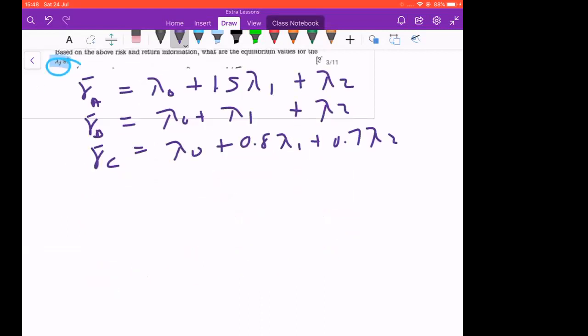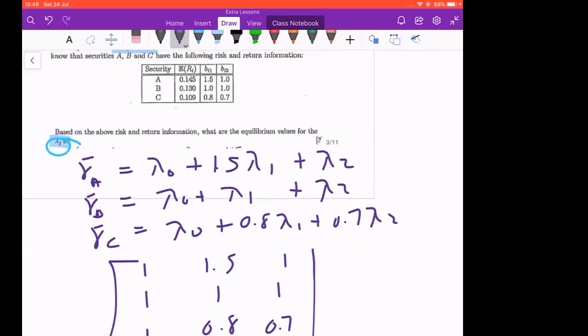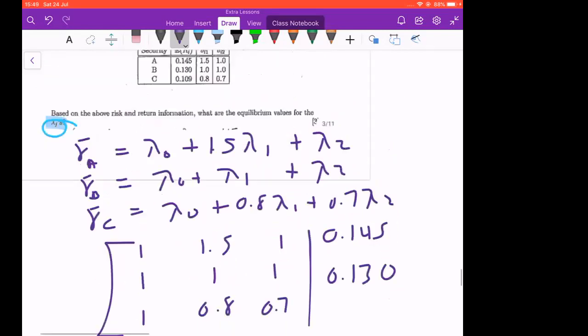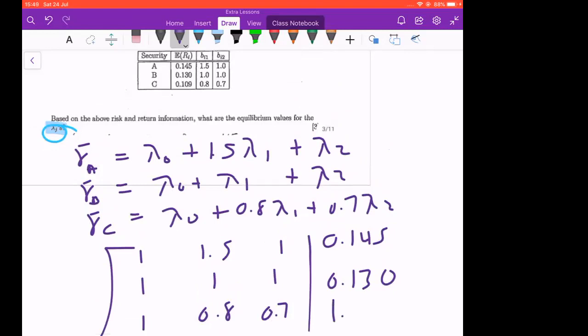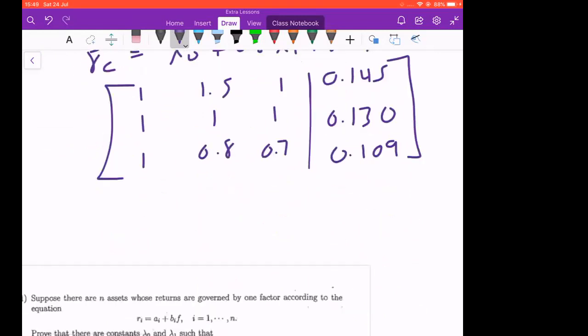It's so much easier if you use matrices to solve these things. So you're going to have rows 1, 1, 1; 1, 1.5, 1; 1, 0.8, 0.7. The returns of A is going to be 0.145, 0.13, and 0.109.